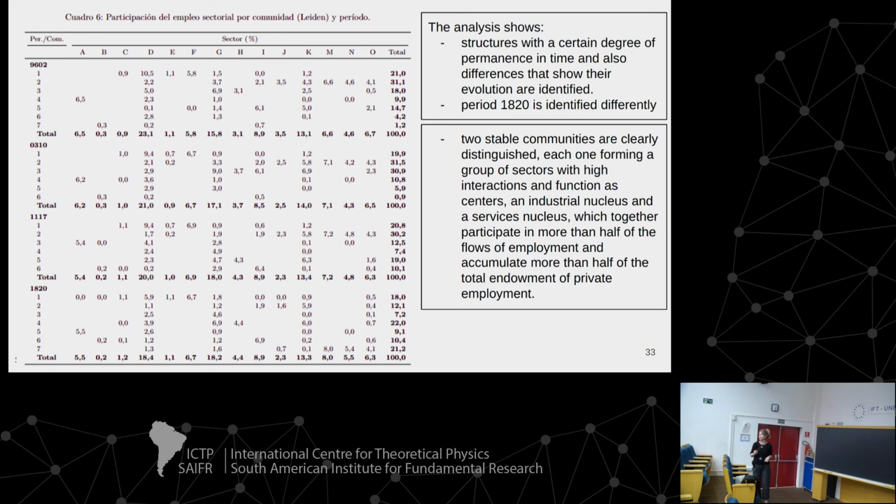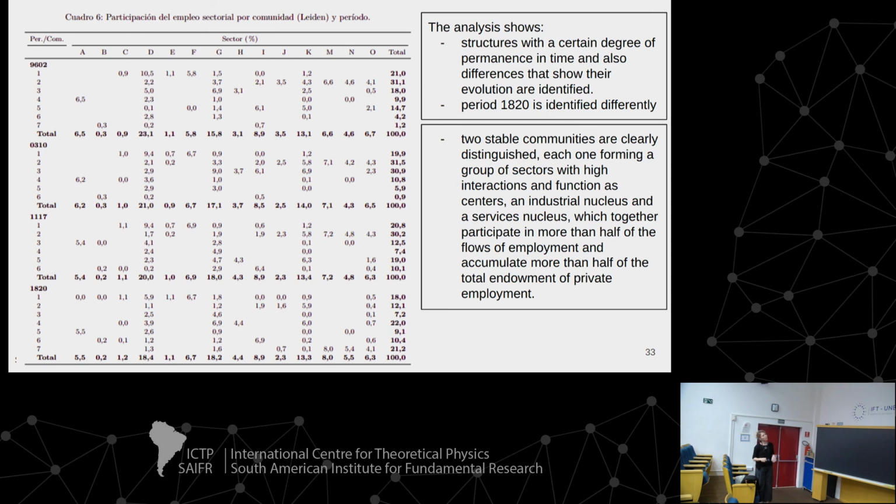So what you can conclude afterwards is that this analysis can show you the structures with a certain degree of permanence in time, and also differences that show how they evolve with time. And of course, this period you just have to look at differently.